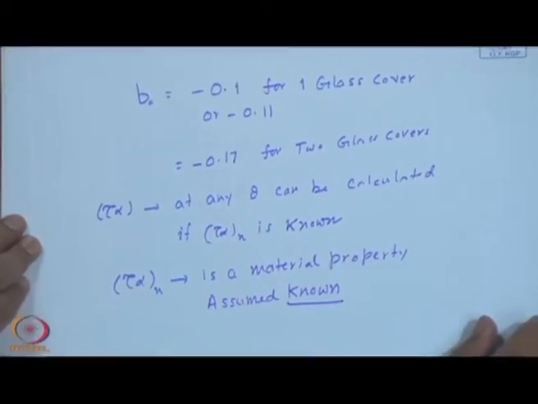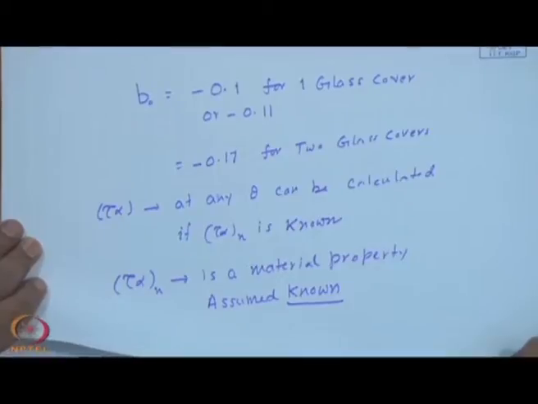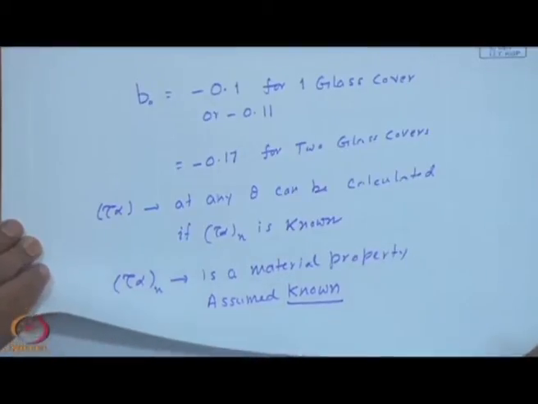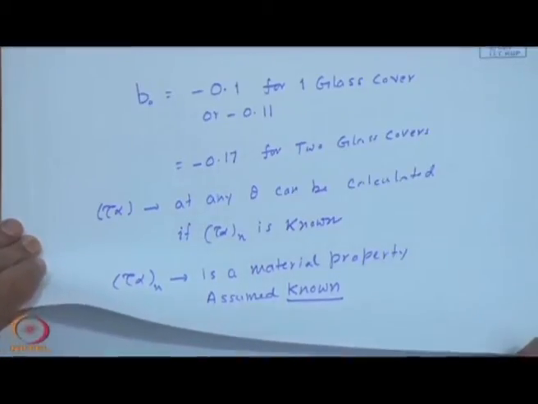So, we know the transmittance absorptance product at normal incidence, and we can calculate at any other angle of incidence with this law, which contains the incidence angle modifier coefficient b_0, and which will take on the value of minus 0.11 or minus 0.17 depending upon one glass cover or two glass covers.